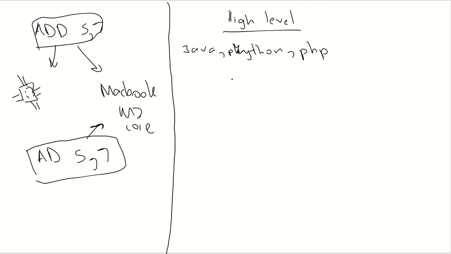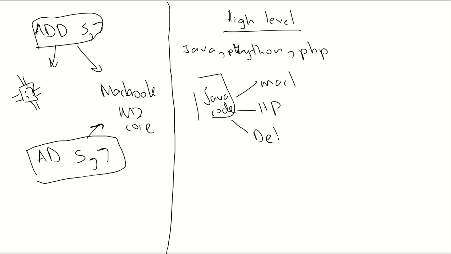These languages can be run on any machine. So if you write Java code, you can run this on a MacBook, on an HP, on a Dell, because you can run this on any processor. It's not machine dependent, it's independent.